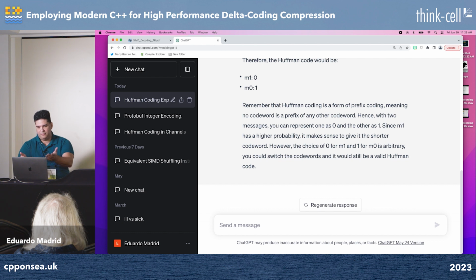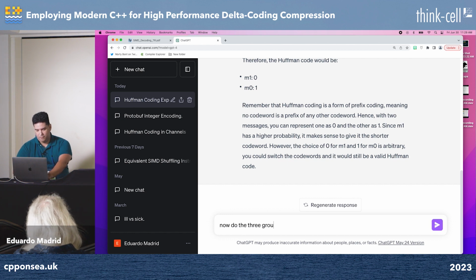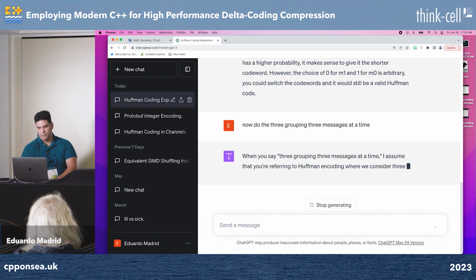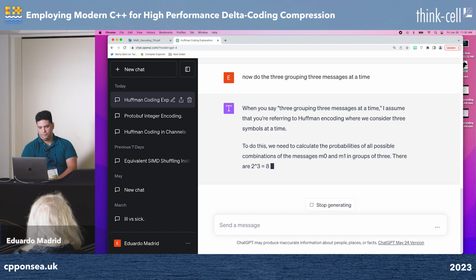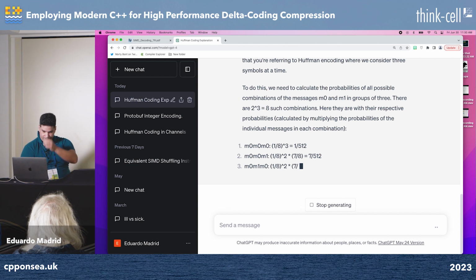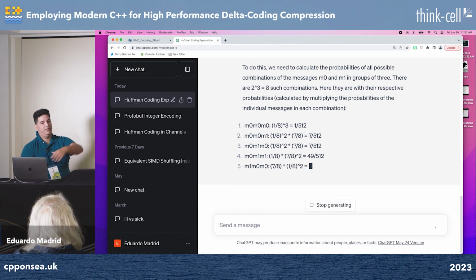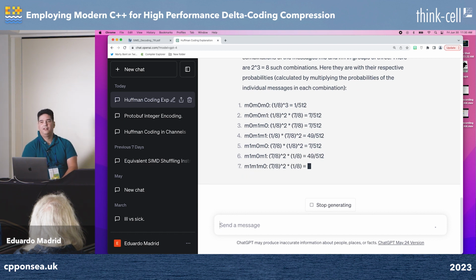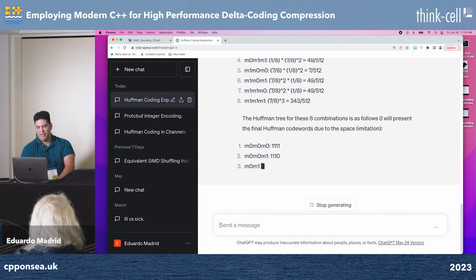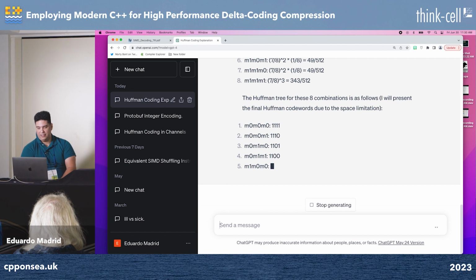But that's not what we want, because it gave the correct answer that is not useful. Have you ever done things like this in ChatGPT? Raise hands, please. Okay. Sorry if I am showing you things that are very basic, but a lot of people have not seen this.